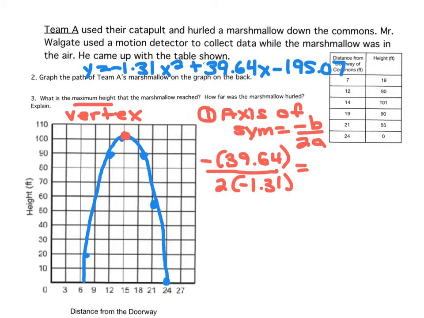Okay, go ahead and take a minute on your calculators and let's get our answer to the nearest hundredth. And we should get 15.11. So that is our x value of the vertex. So as we take a look here, we get (15.11, comma. Now we plug that back in and let's find the actual height.